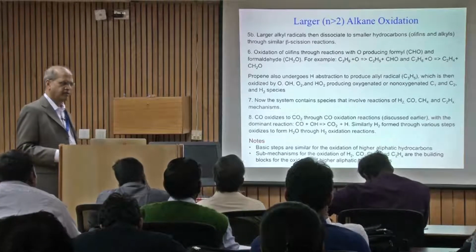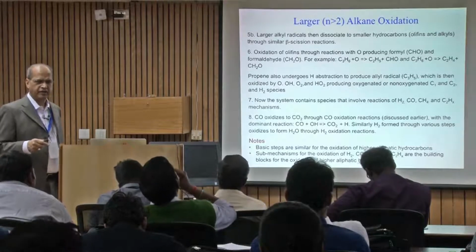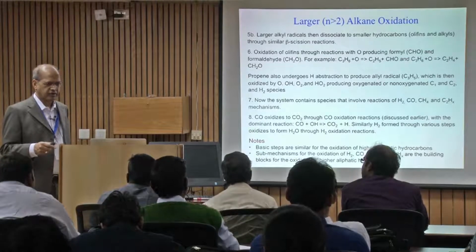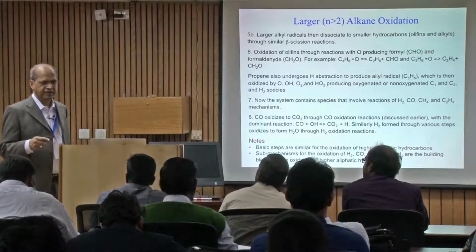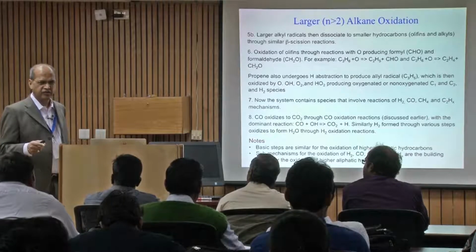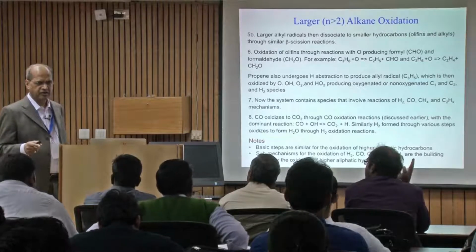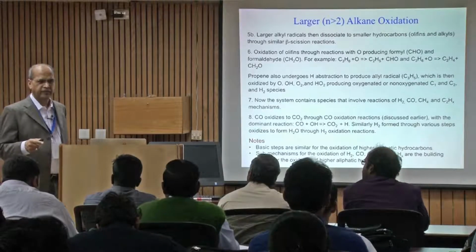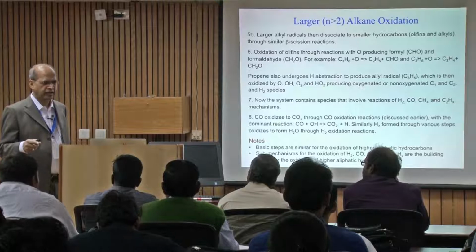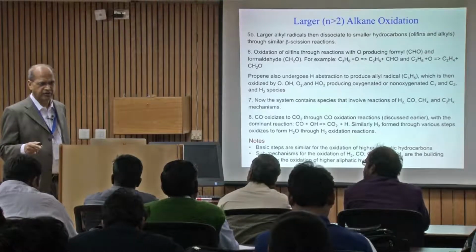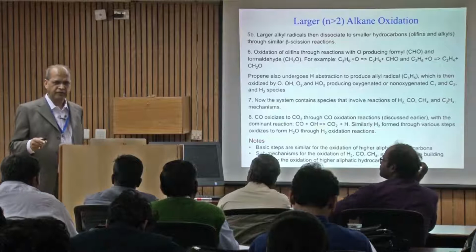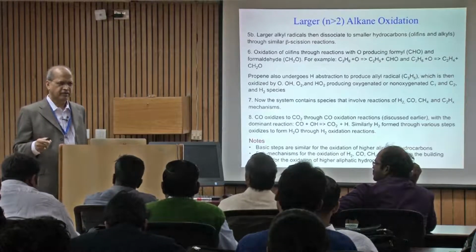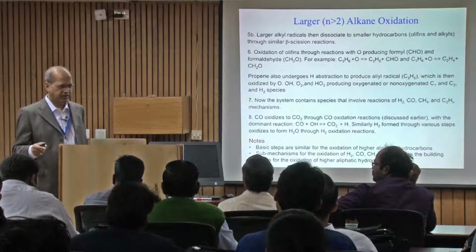For example, propane, what will be the propene? Propane is C3H8, so C3H6. So C3H6, C2H4, those are the two alkenes or olefins they are called. I think olefin is more of a commercial name, whereas the scientific name is alkene.